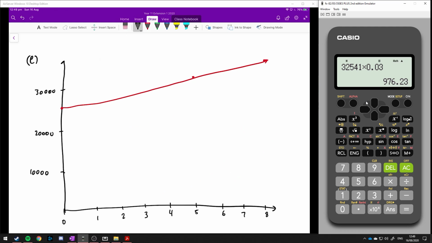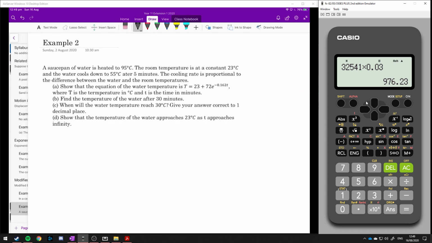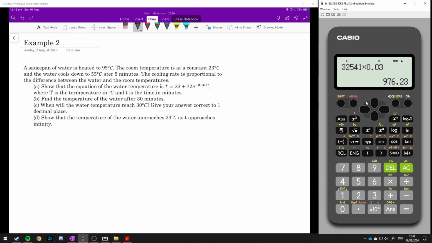Now we're going to do the other example all in this one video, because it is just another application of the exponentials, but using a formula or an idea coming from physics, which is Newton's law of cooling. Newton's law of cooling is a well-known example of exponential decay.